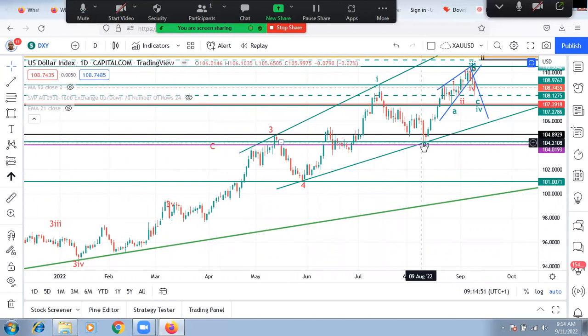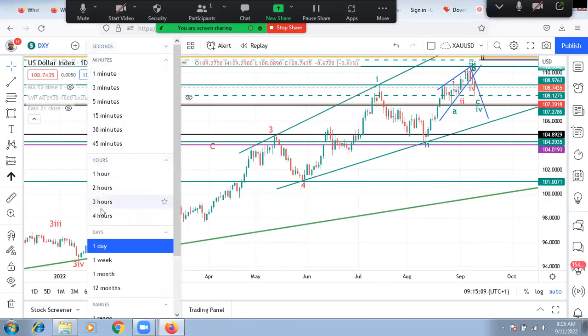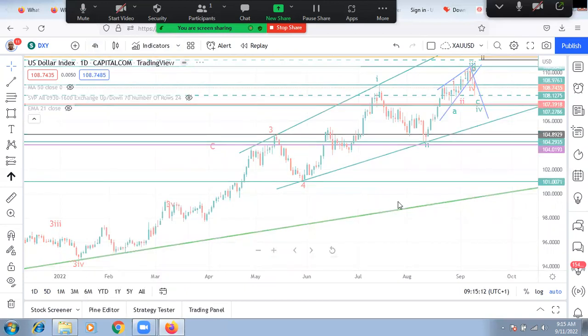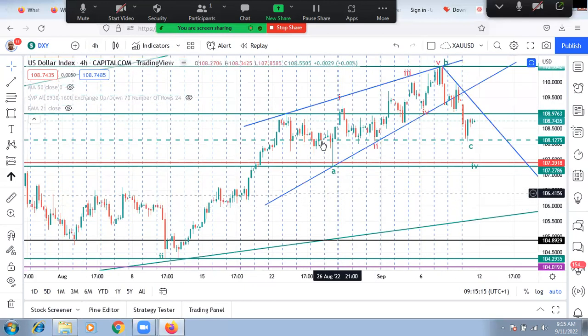But for inside of this 3, I don't think it's completed. That is what I think. But for you to be safe, I think you should be thinking that this is the area where you should be getting a reaction, even if you take the inside of here also as an ending structure in itself.